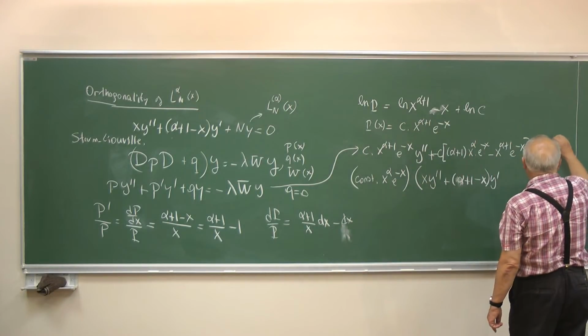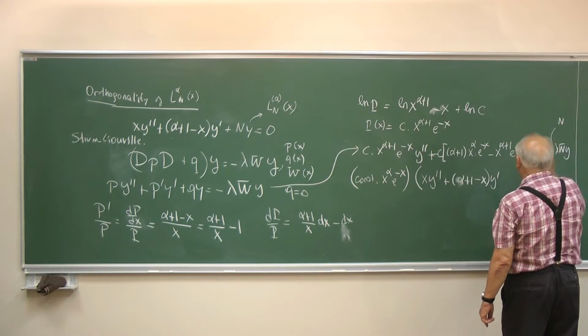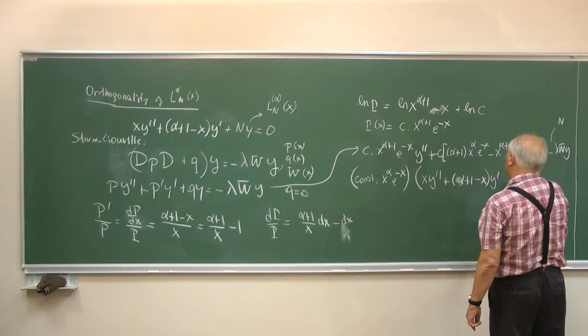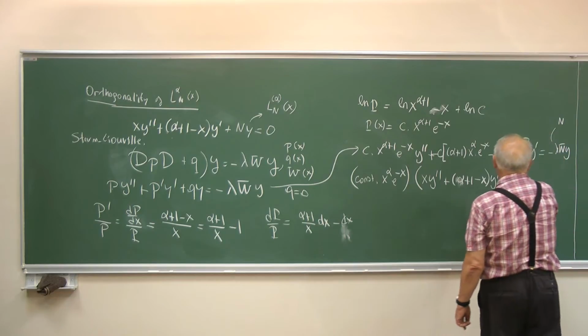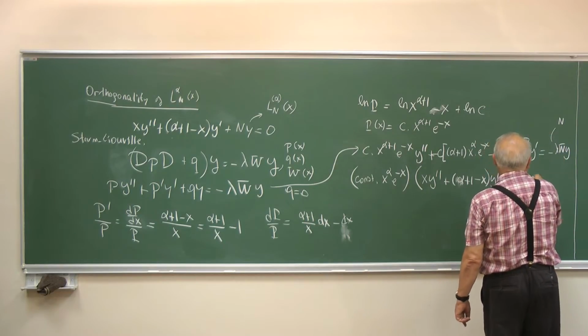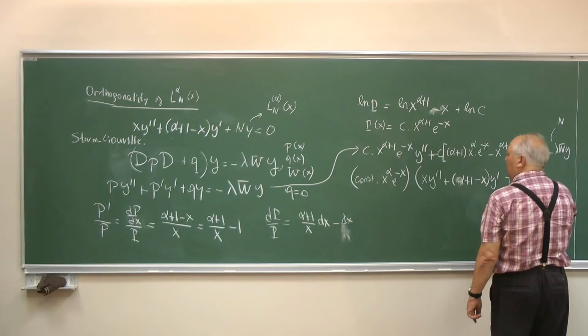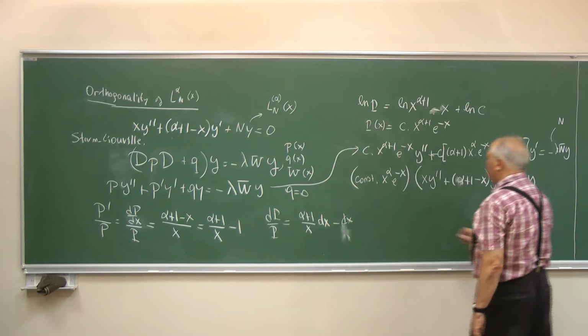Now lambda is n, so it is plus n y, and I have divided by w.